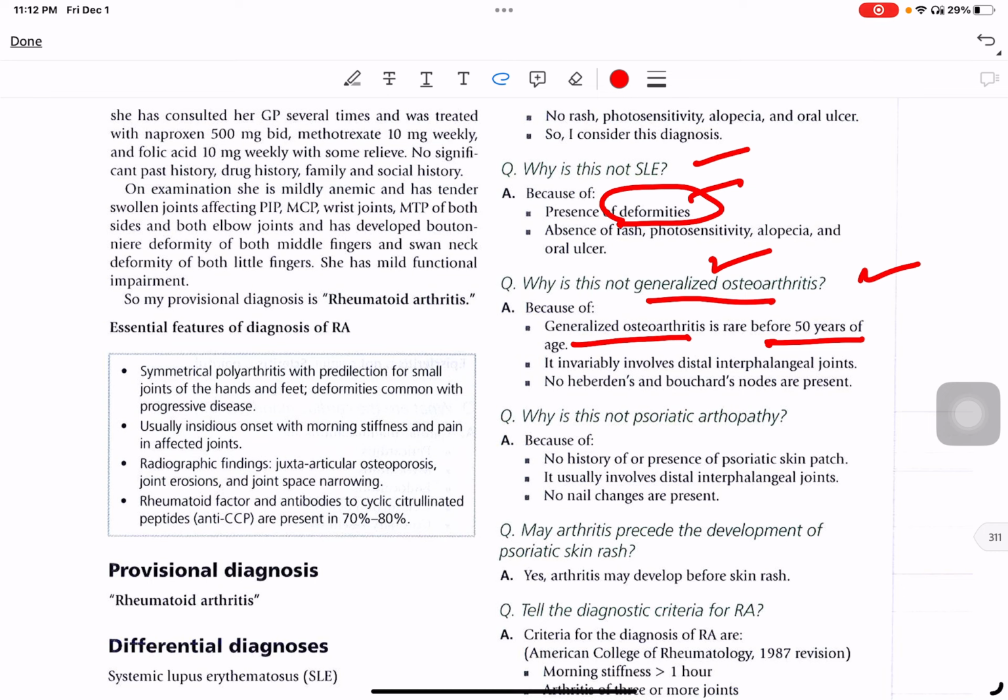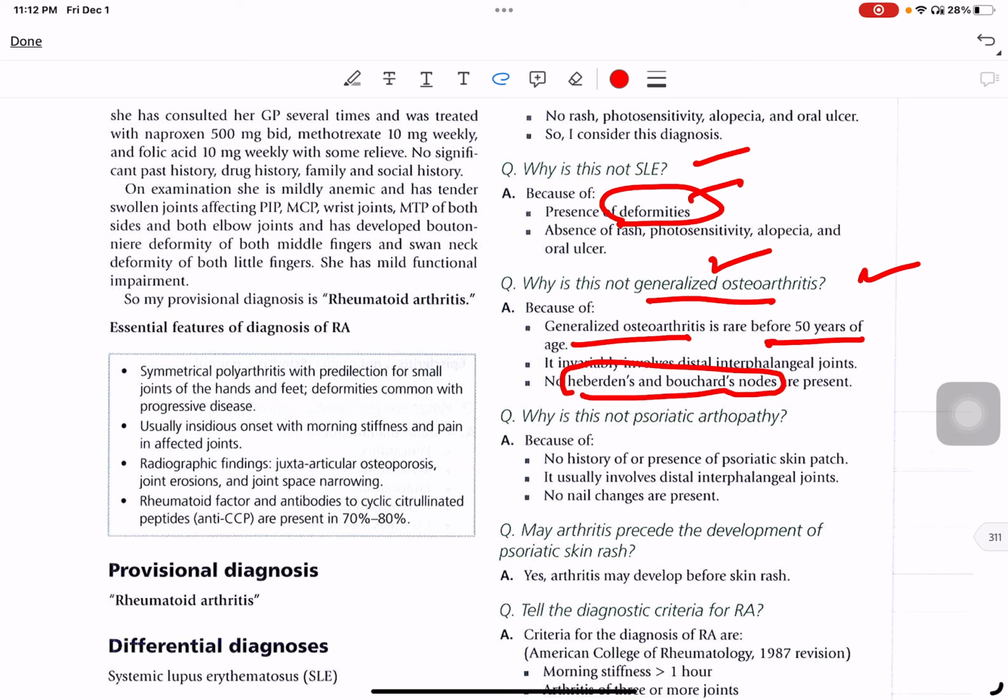But in rheumatoid arthritis, pain is inflammatory in nature. But rheumatoid arthritis may be associated with generalized osteoarthritis. So Heberden's nodes or Bouchard's nodes are usually present with osteoarthritis. These are absent in this case of rheumatoid arthritis.